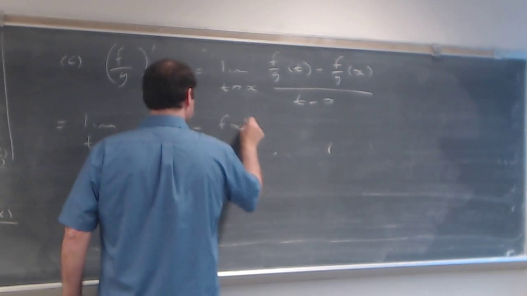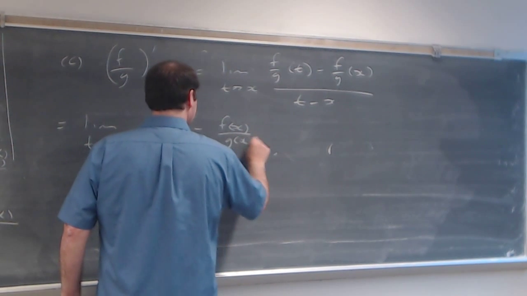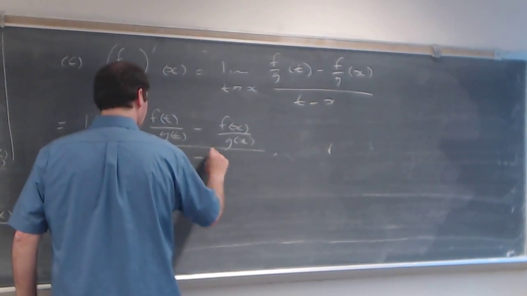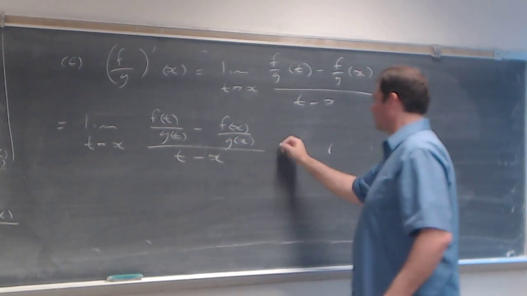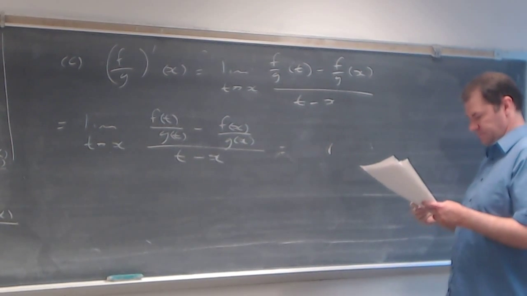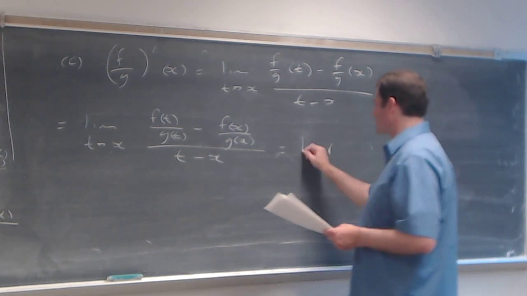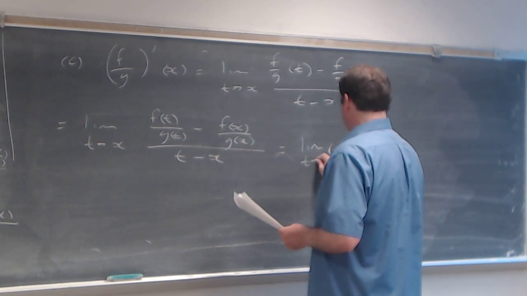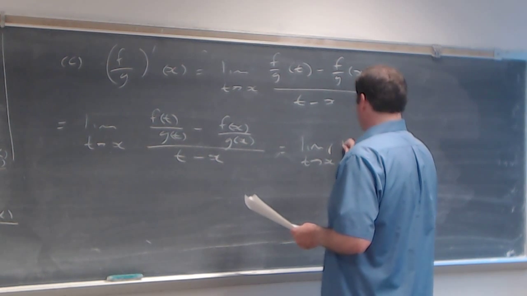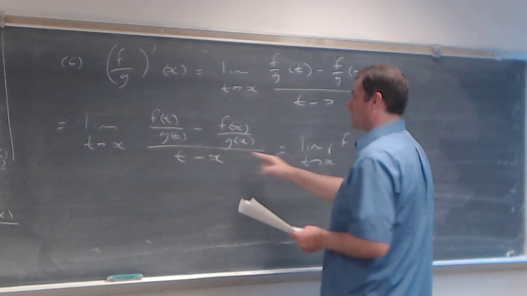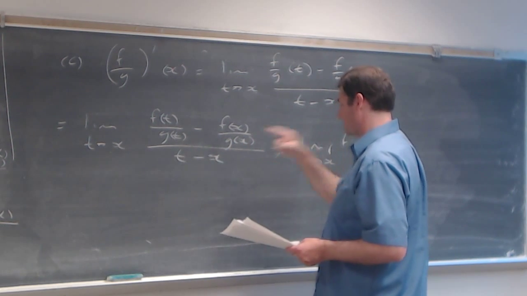minus f of x over g of x, all over t minus x, which we can rewrite getting the common denominator as the limit as t goes to x. The common denominator is g of t times g of x.